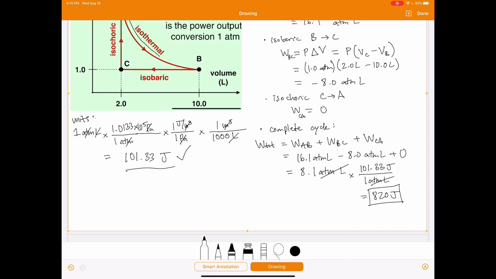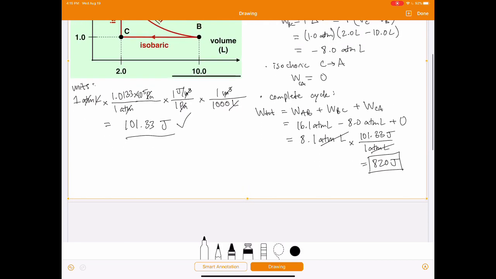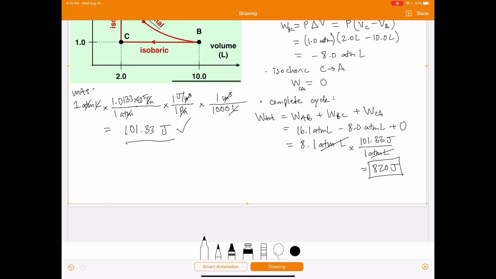Okay, the last thing we want to do here is calculate the power. Okay, so here, power output. So we want the units at the end of the day to be watts. And remember also that a watt is a joule per second.